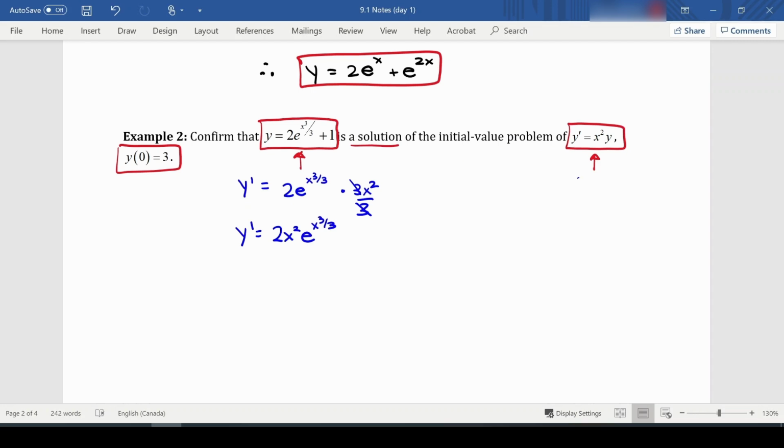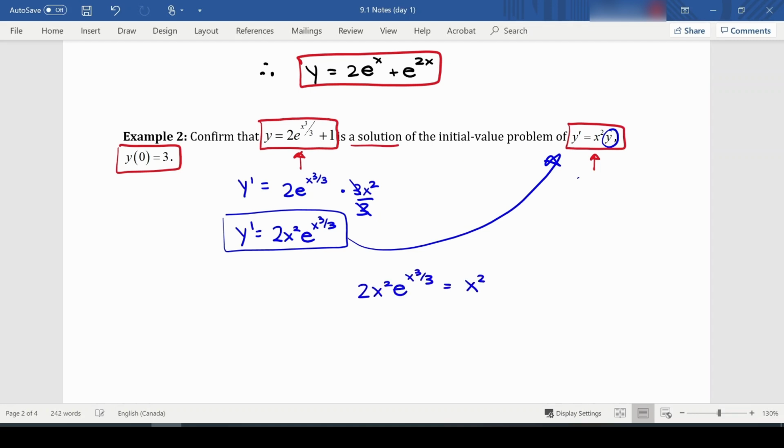So we're trying to make sure that this actually works in our differential equation. If we have this y prime and we plug it in for y prime in our differential equation, we would get 2x squared e to the x cubed over 3 equals x squared y.